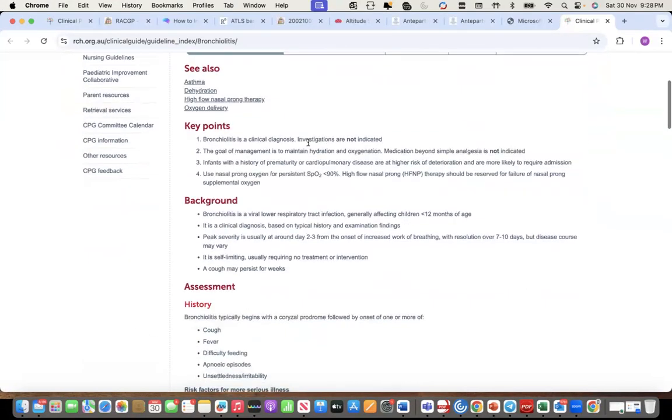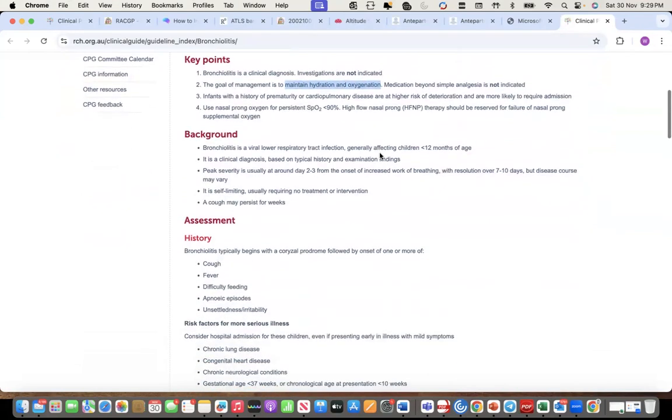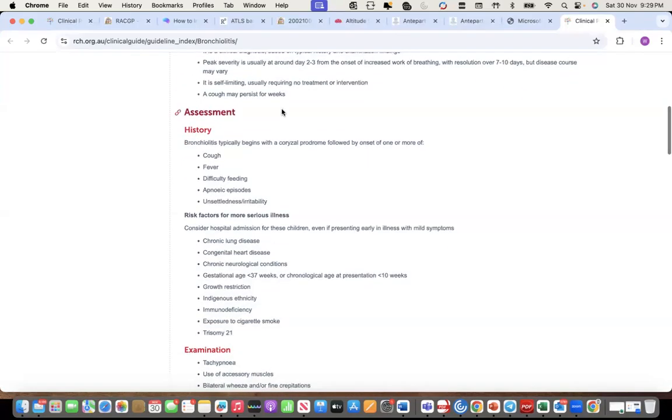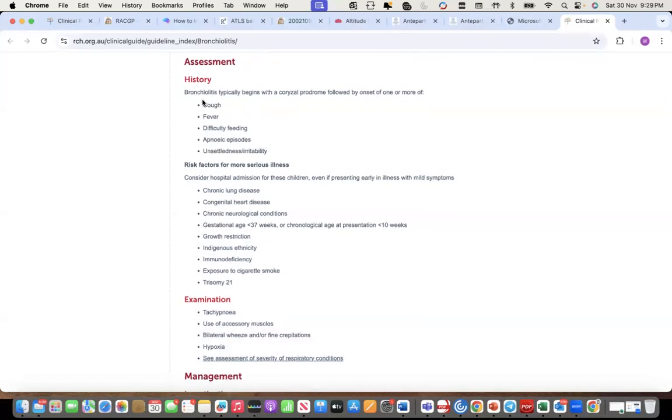The investigations are not indicated. The goal of management is to maintain hydration and oxygenation. You can provide them with oxygen if they have low saturation, but the patient we discussed was fine, so we don't require oxygen. And the assessment is just there.